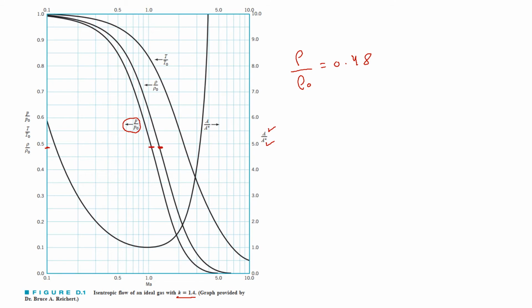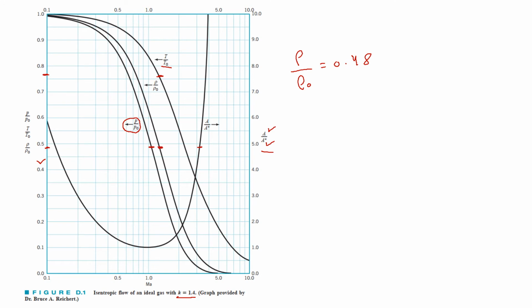I can also go to the left side of the vertical, and correspondingly go up and mark this value for my T over T naught. So I will get a value of T over T naught, and similarly I can also identify my area over the throat area.